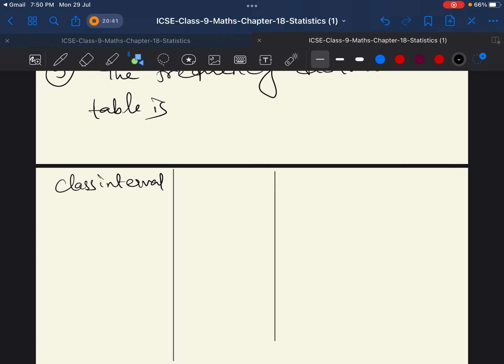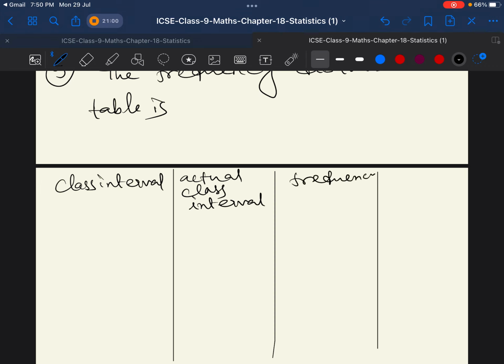You see here this is the inclusive distribution, so we have to convert to exclusive distribution. So actual class interval, then frequency, and this is the cumulative frequency.